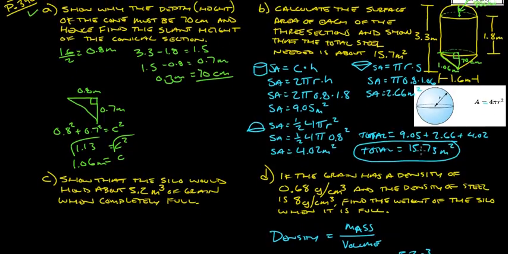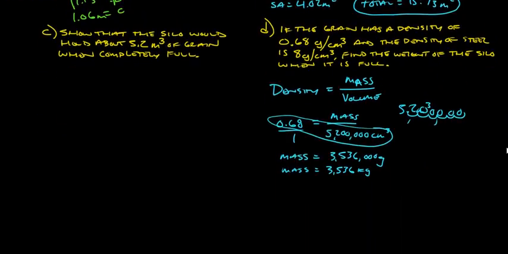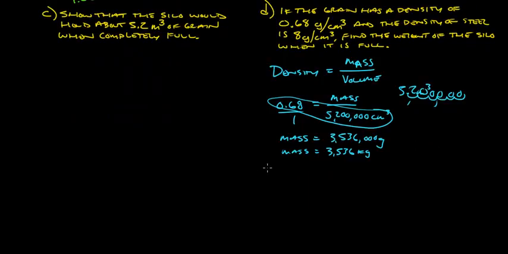We know that there's 15.7 square meters of steel, and the steel is 8 grams per centimeters cubed. That's the density of the steel.